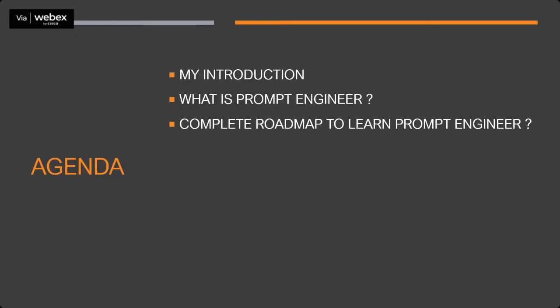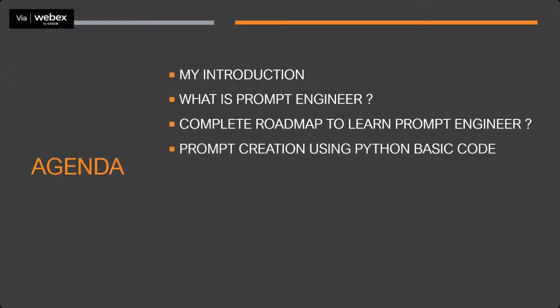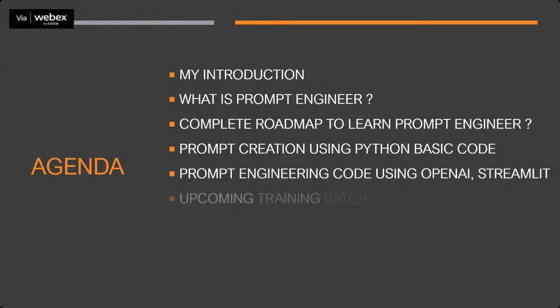And the next one, prompt creation using basic Python code. We'll do code today. We'll create the code from basic Python, and then we'll use prompt engineering using OpenAI and Streamlit.